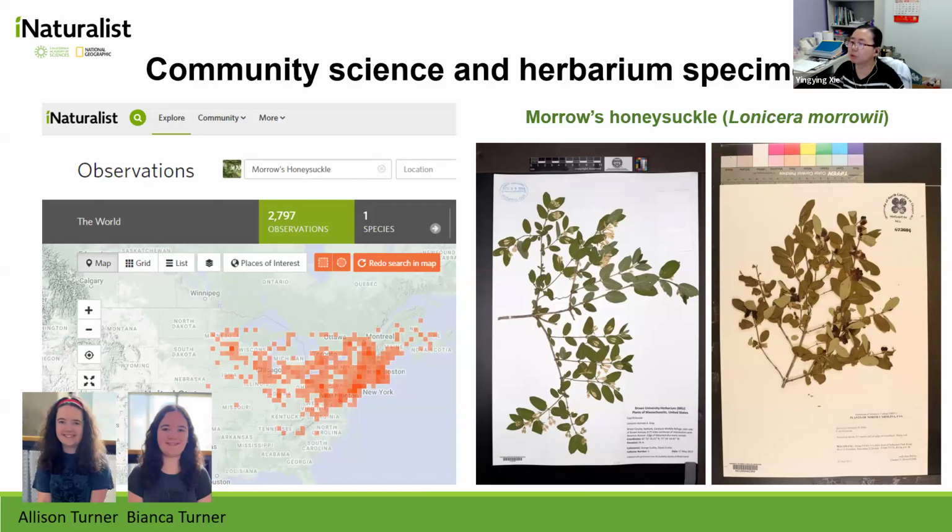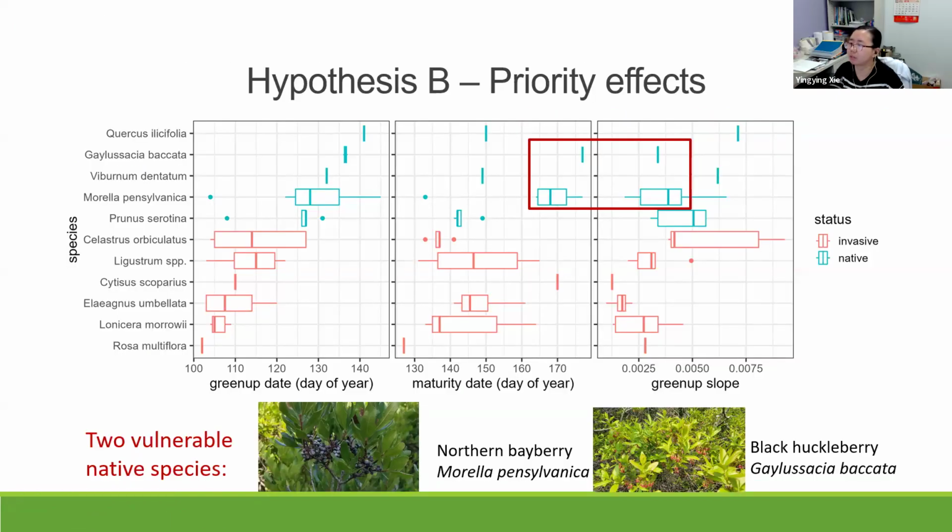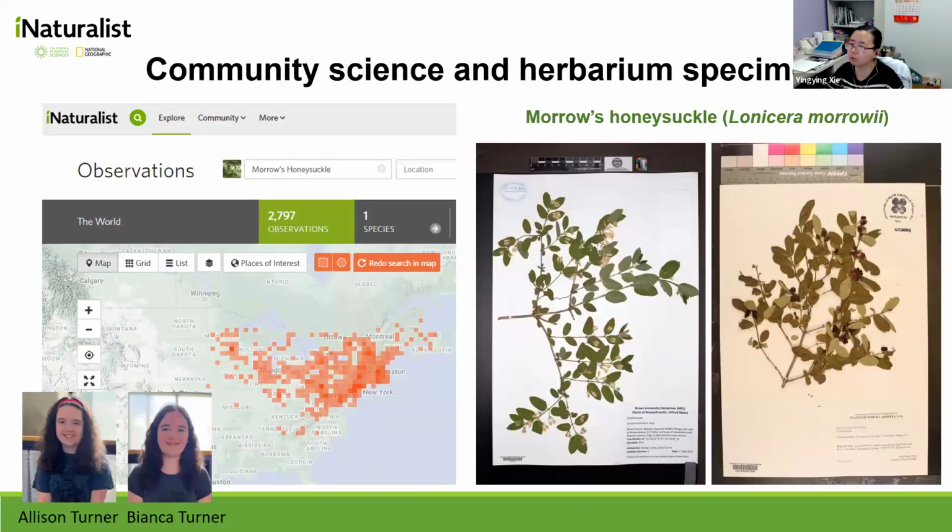So getting back here, we already tested hypotheses B and C. Next we want to test hypothesis D about the climate change response, but we don't really have enough data on our island to quantify the responses. So we used all the available information from the Eastern United States, kind of North America actually.